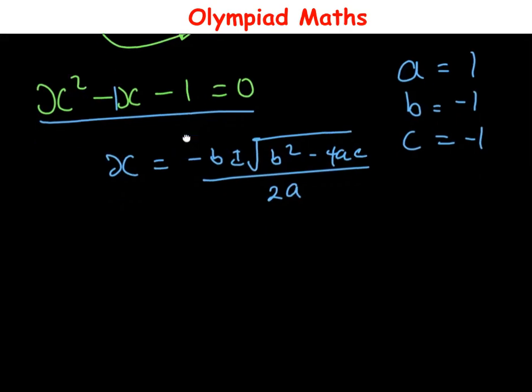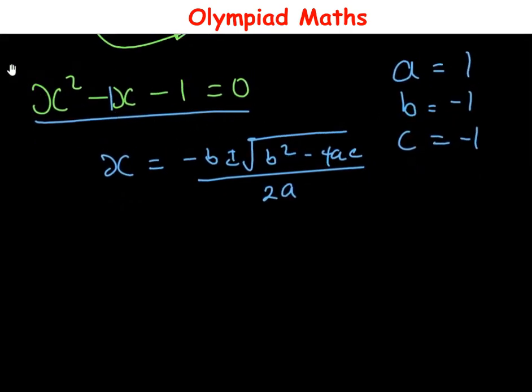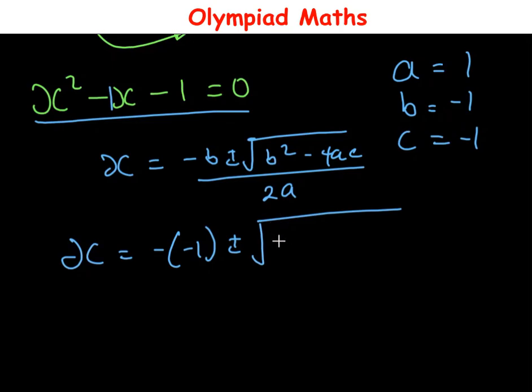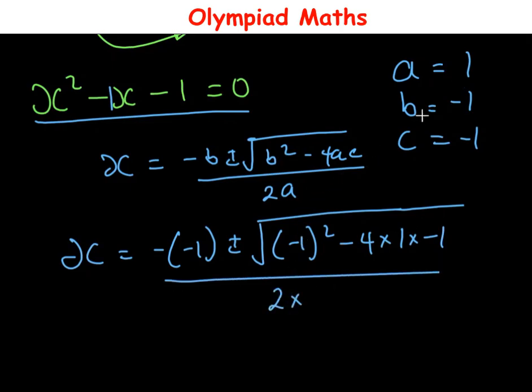So from here, inputting the values of a, b, c into the formula, x is then equal to minus, b is minus 1, so in bracket minus 1, plus or minus square root, b is minus 1, so minus 1 all squared, minus 4 times a is 1, times c is minus 1, then all over 2 times a is 1.